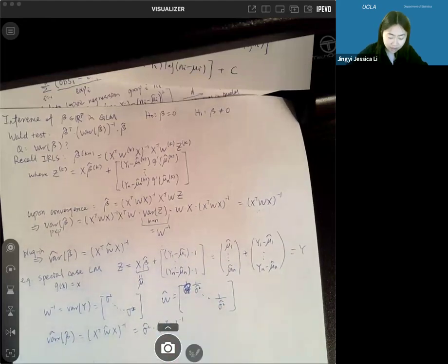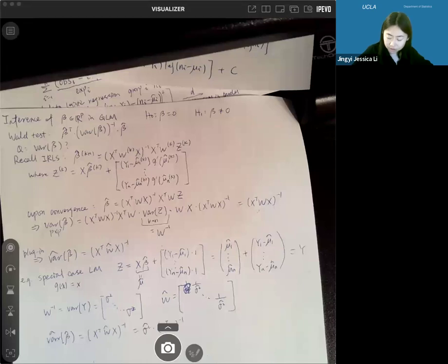And that's exactly the formula we have for linear model, if you recall, for the variance covariance matrix of beta hat. Okay, so this is just to show that linear model is a special reduced case for the generalized linear model about the variance covariance matrix.